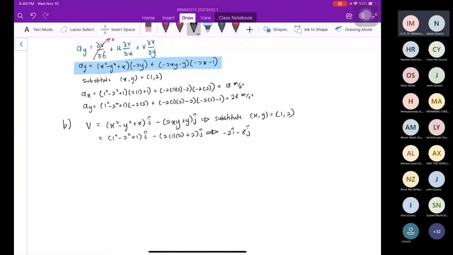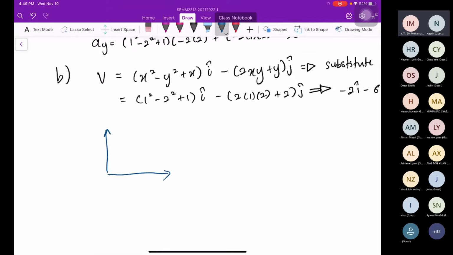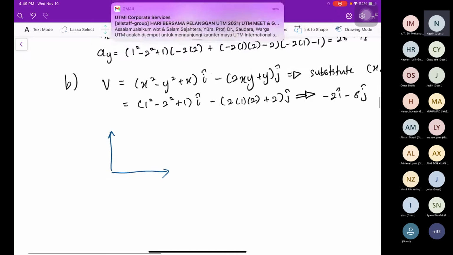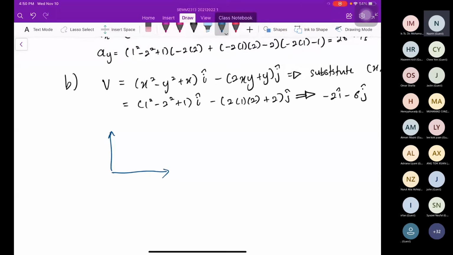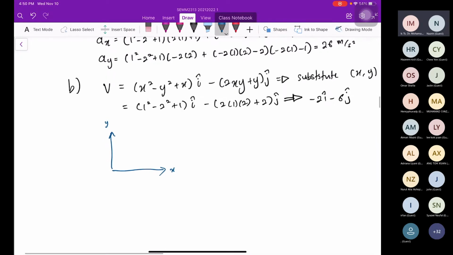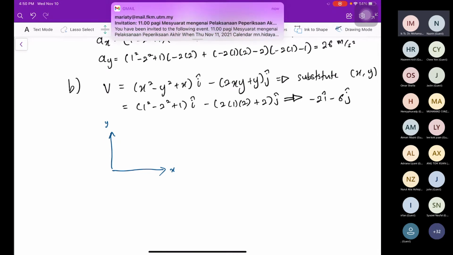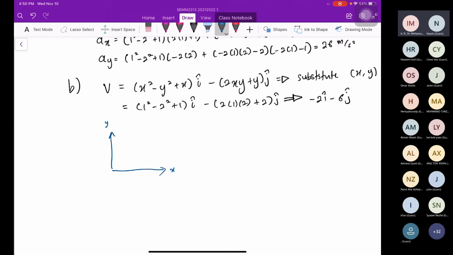Okay, now let's draw the axis. Okay, this is x and this is y, right? Now, take a look. You have negative 2i. Where is negative 2i? At the left side, right? Okay, at the left side. Maybe this is 1, this is 2.